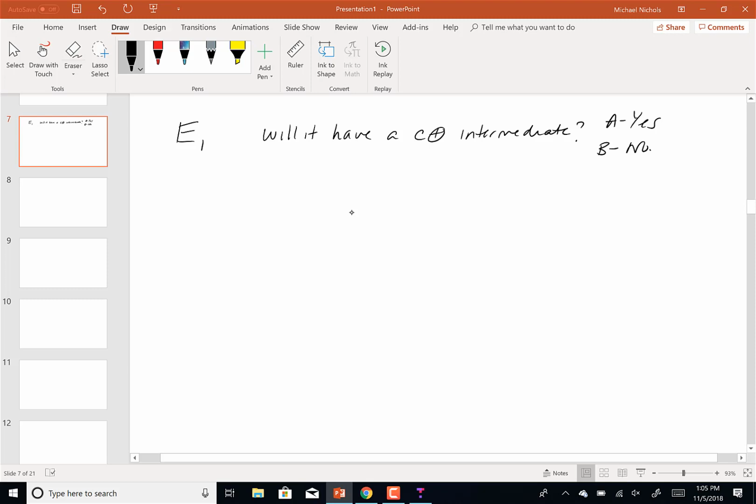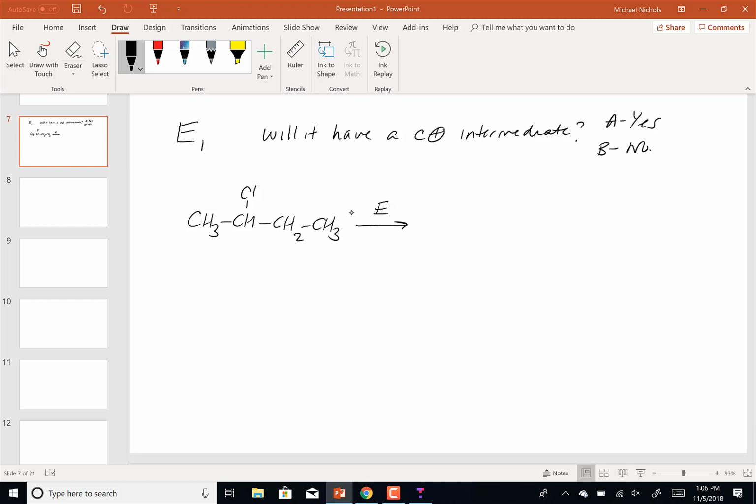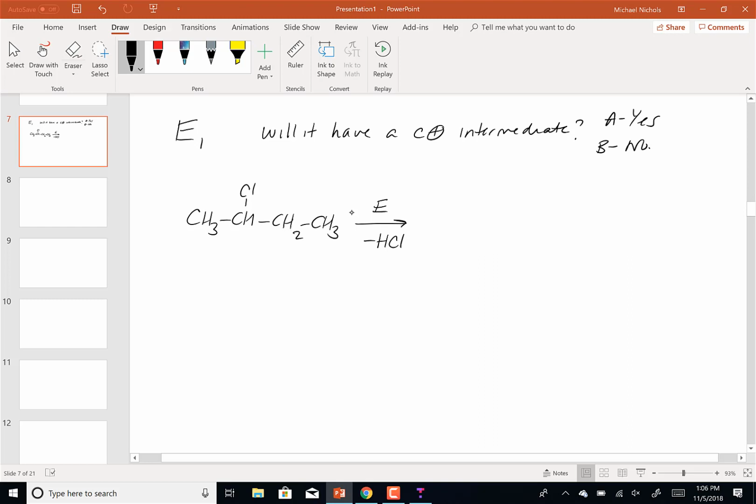So here's a couple of examples of the eliminations we'll talk about. So if I took 2-bromobutane, and I said, let's go ahead and do an elimination reaction on it, what I'm going to end up doing is eliminating HCl, and I'm going to form a carbon-carbon double bond.